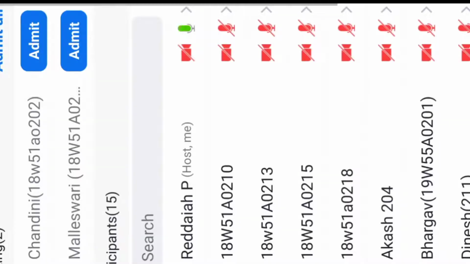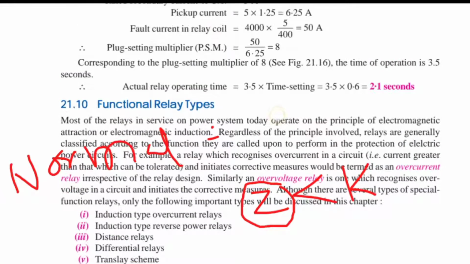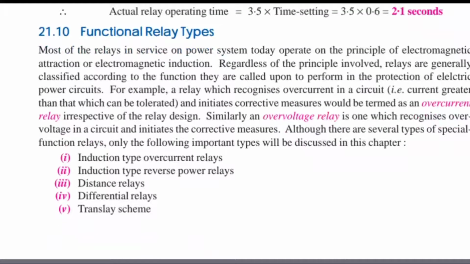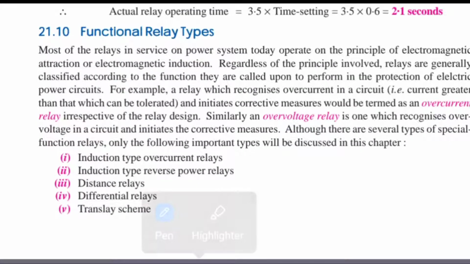Impedance relays and distance relays are both the same; distance relays are also known as impedance relays. When impedance falls below some value, when Z is less than K, the relay will operate.